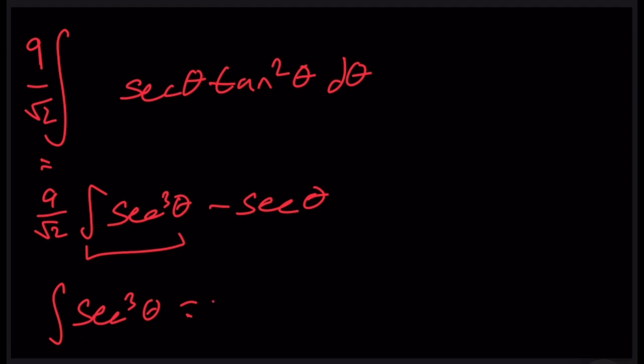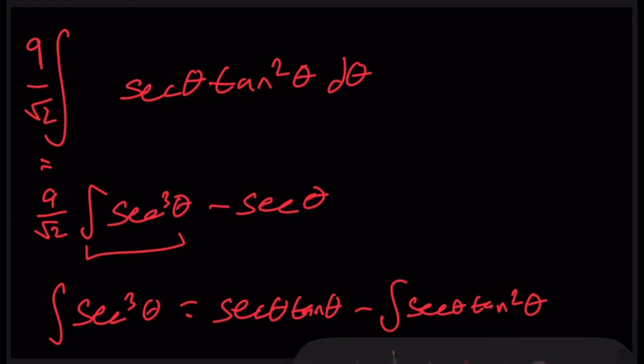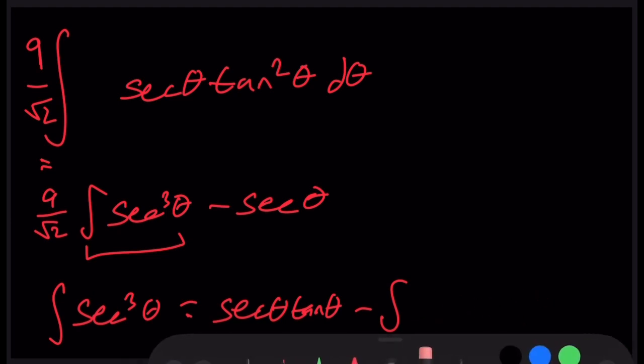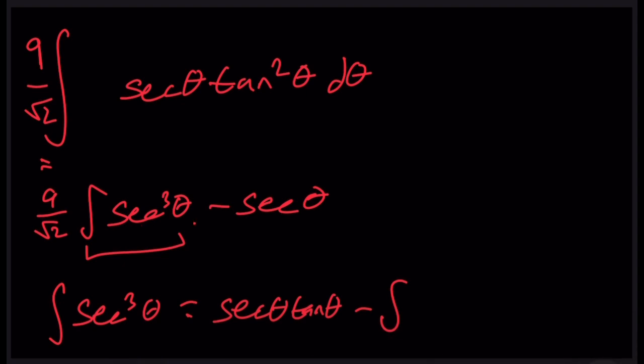So your first term is going to be secant theta tan theta minus the integral of secant theta tangent squared theta. And we can rewrite this as secant cubed theta minus secant theta.